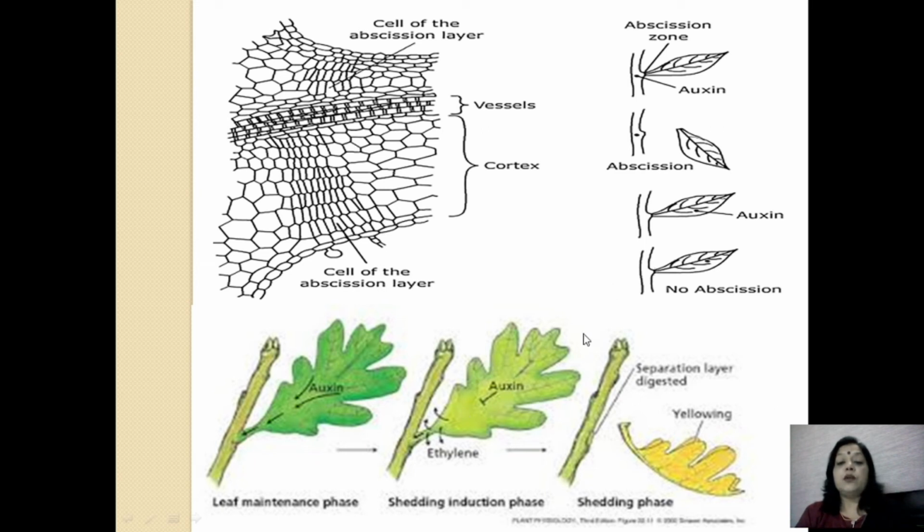Due to the higher concentration of the auxin at the proximal end, ethylene formation is also promoted.